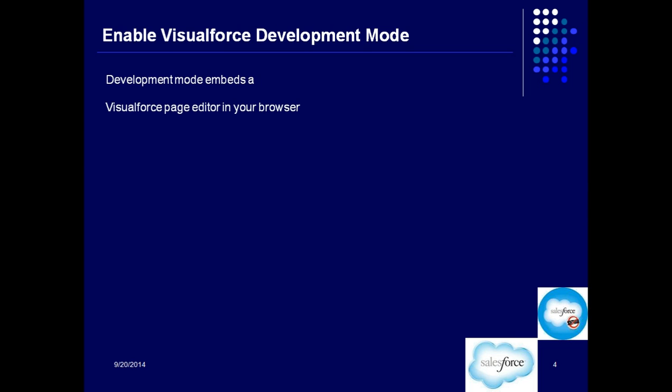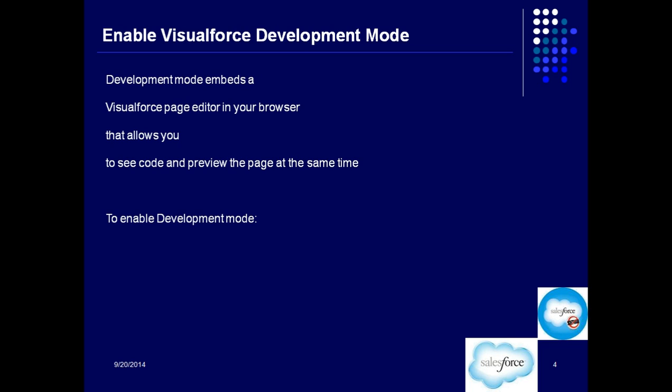Before we create a Visualforce page, we will enable the development mode on your developer edition. What will this page editor do? It allows you to see the code and preview the page at the same time.